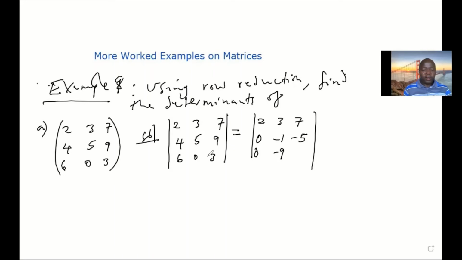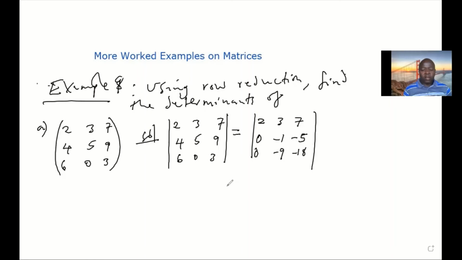And 3 minus 21, which will be negative 18. Now at this point you may want to put negative 9 outside because it's common here, but that's not what I want.